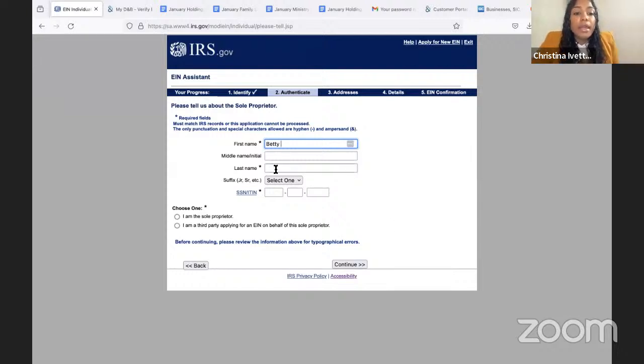Then you'll be able to put the tax identification number, and you can say that it's a third party applying for the EIN on behalf of the sole prop, okay? From there, you'll be able to press continue. I'm not going to put my personal information here, but you'll press continue and you'll be able to get that EIN number so you can use that moving forward. All right.